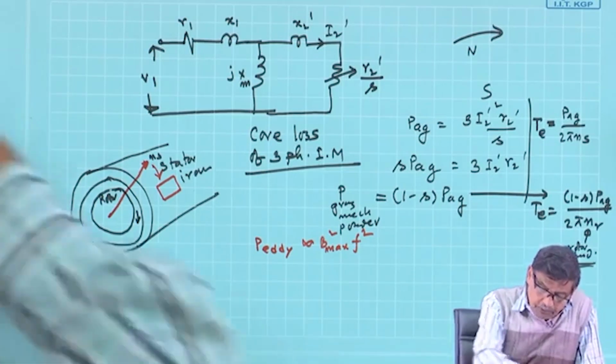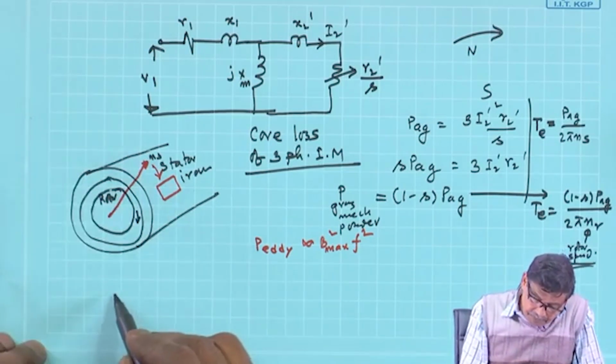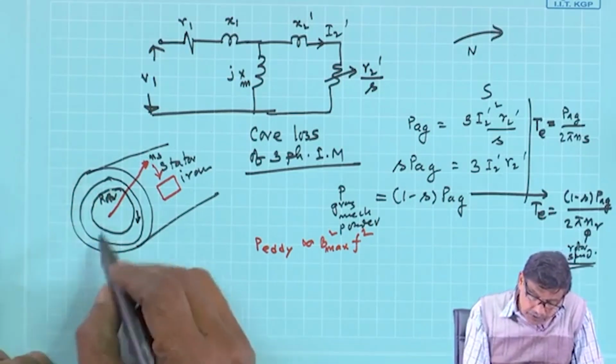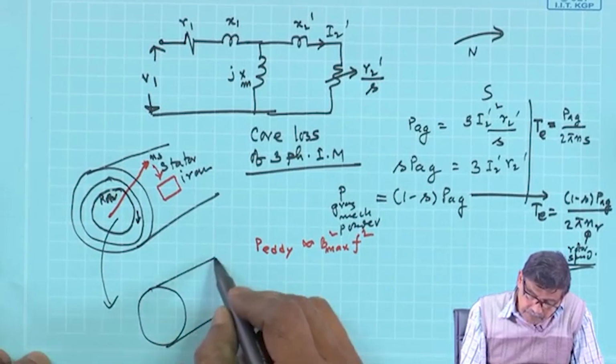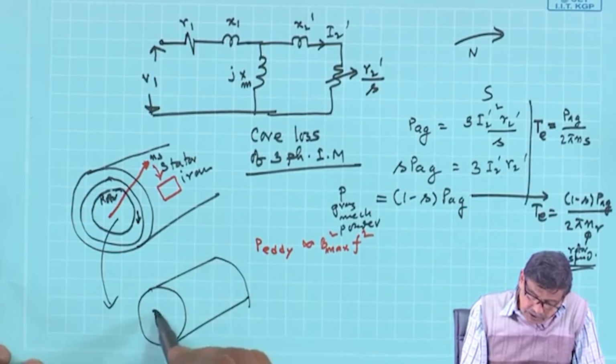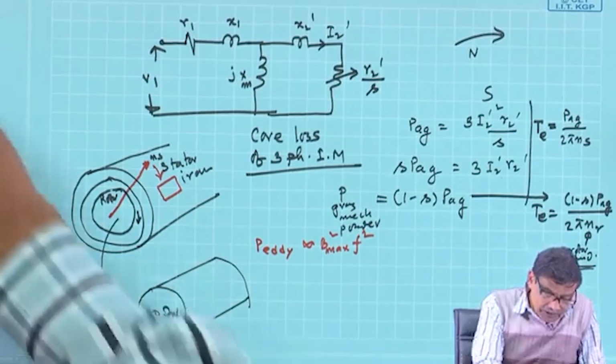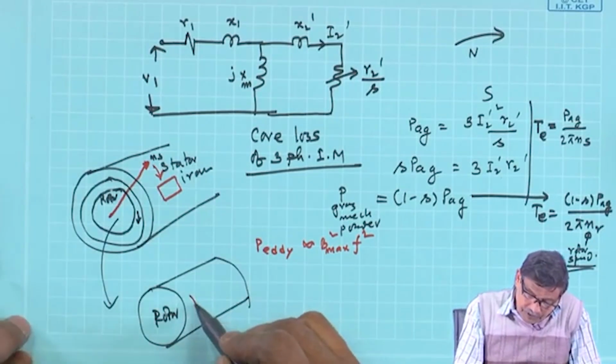Now on the rotor body, suppose I am drawing the rotor iron separately, this is the rotor. Also consider a loop on the rotor iron.